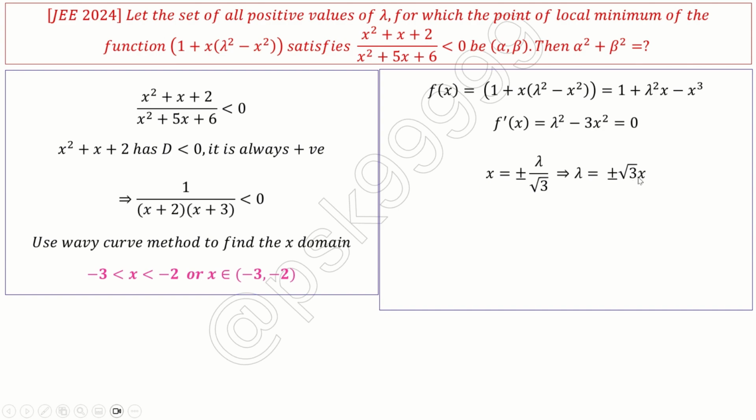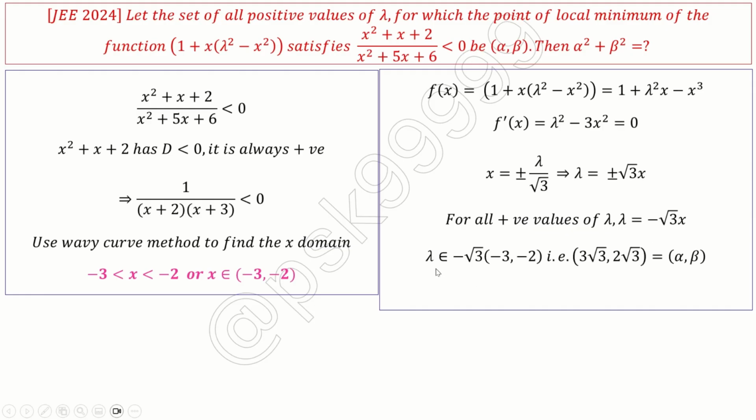Now, if you take the x range, x has only negative values, correct? Which means if lambda is given as positive values, I should take the negative sign, so lambda equal to minus square root of 3 x, so that in the x range, which is negative, lambda will become positive.